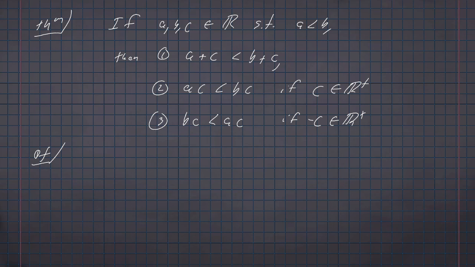And looking at property 1, we know not much about inequalities. We know that if a is less than b, that means that b minus a is a positive real number. That's all we know. And we have our cute trick. We can add and subtract the same thing without changing anything at all.